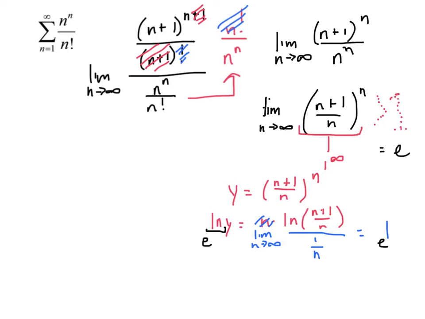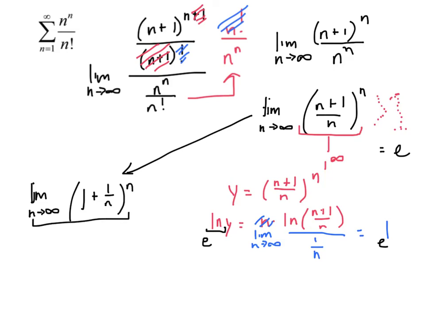Now, the other way you could do this, if I could just zip over here to my blank space, is you could rewrite this as n divided by n, which is 1, plus 1 divided by n, raised to the n. And this is that definition of e that we talked about, dealing with continuous growth. So maybe you could have caught it that way as well.